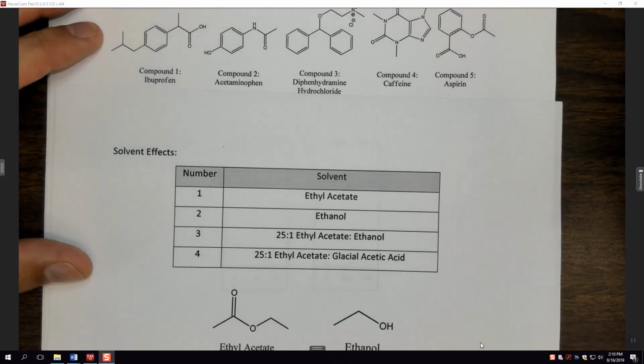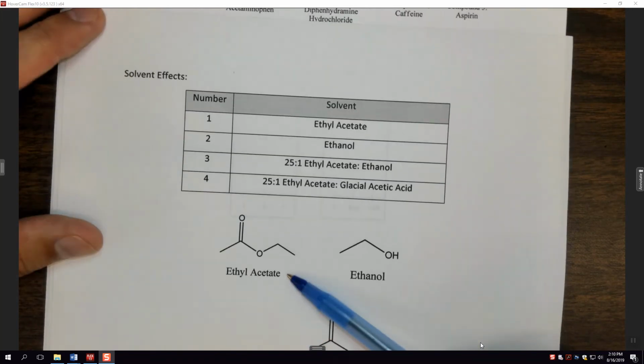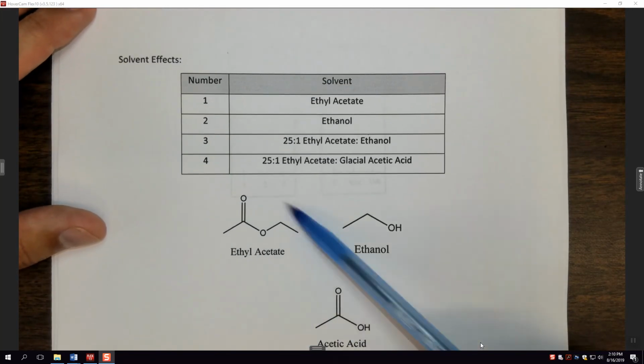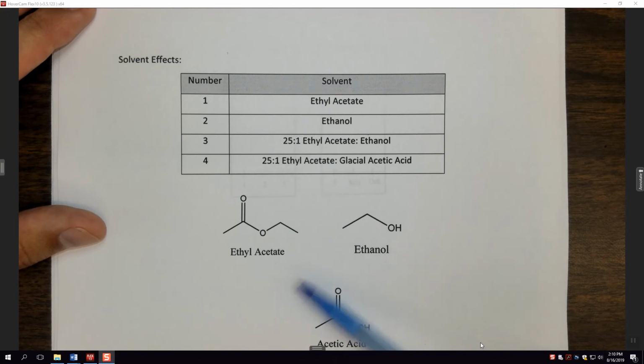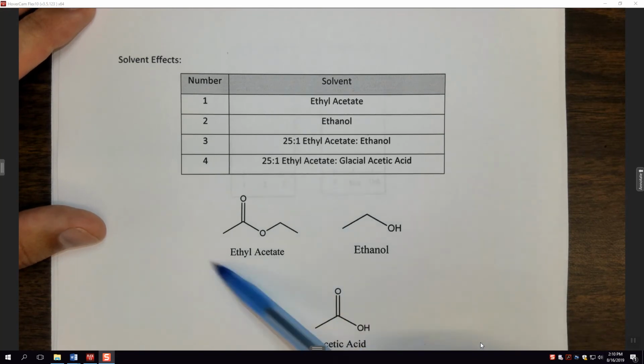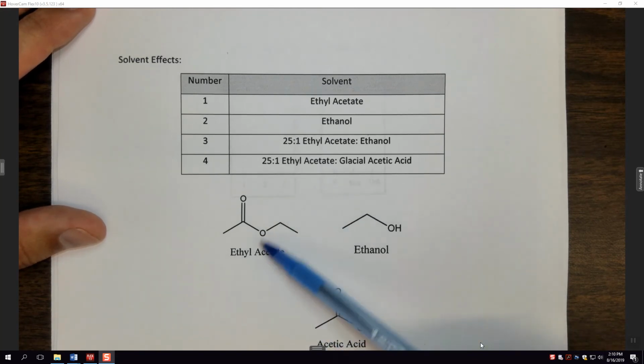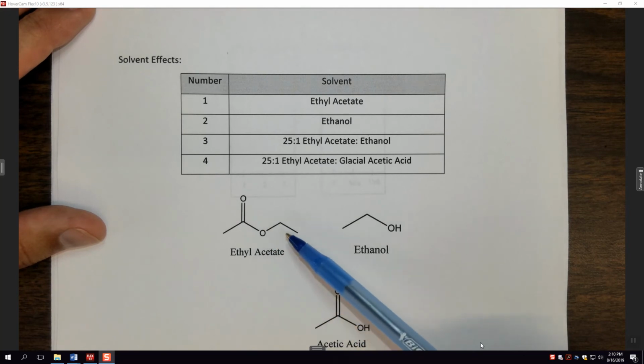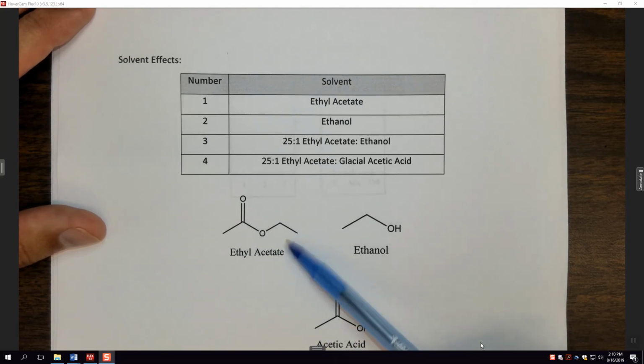Now let's take a look at the different solvents, and let's rank them in terms of polarity. Ethyl acetate, as we already talked about, is a relatively nonpolar solvent, and is probably your least polar mobile phase.